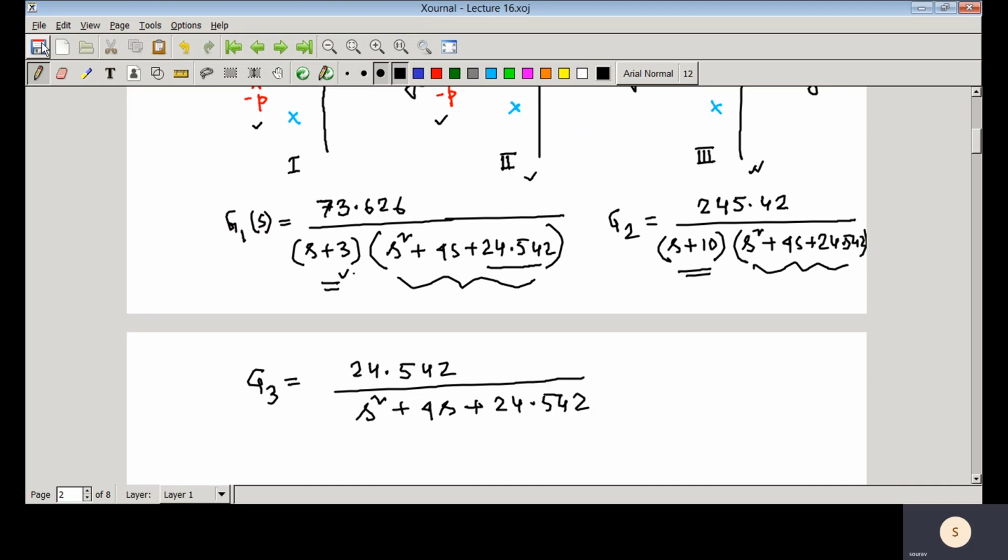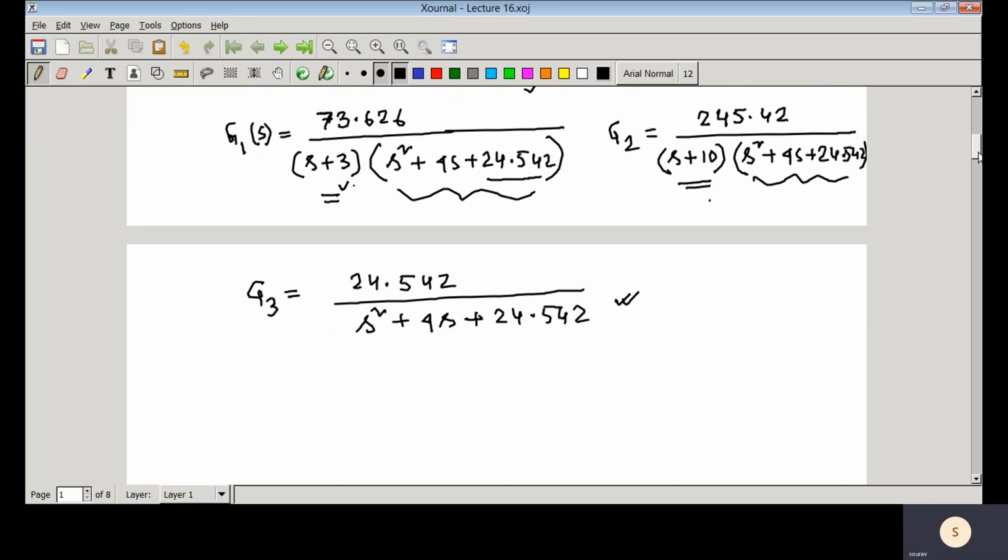So I hope it is now clear that suppose you have a second order transfer function in normalized form, and if you introduce a pole, how to make it normalized: you just multiply it with 10, so that the steady state response would be 1.